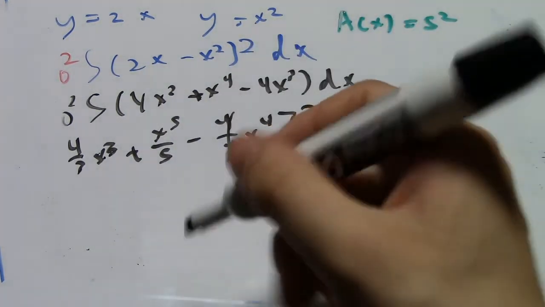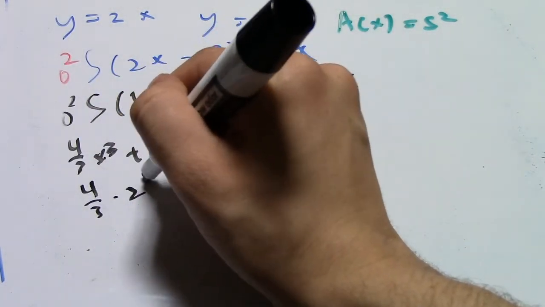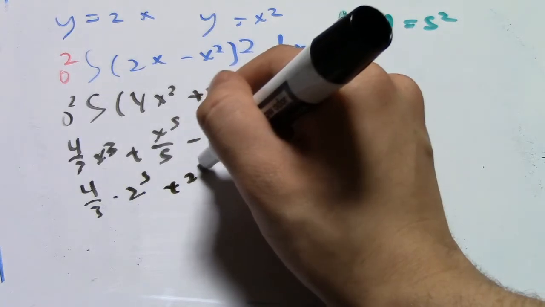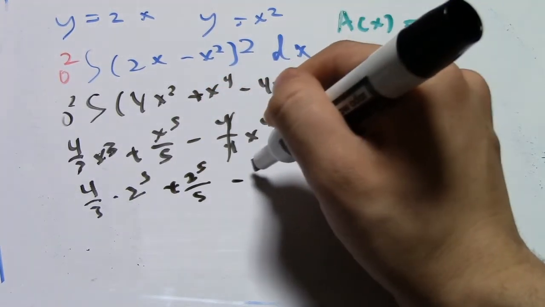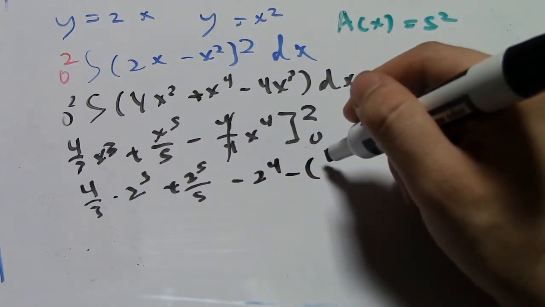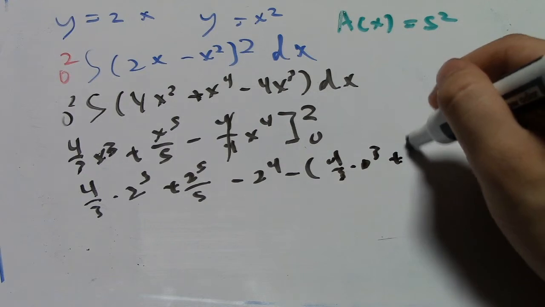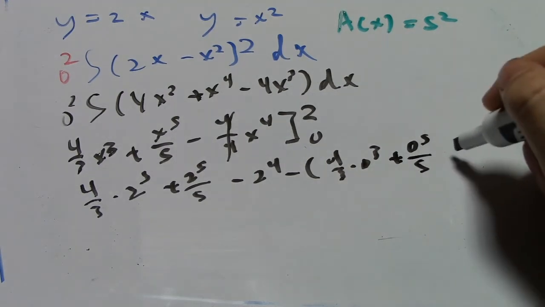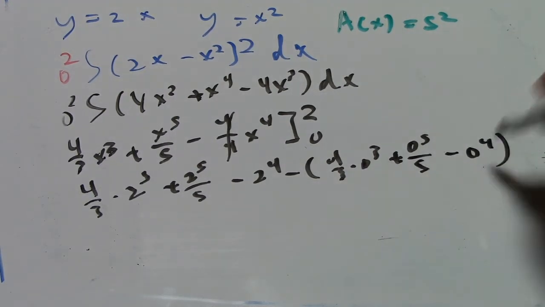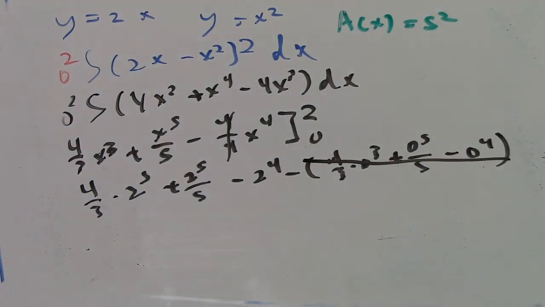Now, we'll plug in the 2 and the 0. So that gives us 4/3 times 2 cubed plus 2 to the 5th over 5 minus 2 to the 4th. And then that minus the quantity, 4/3 times 0 cubed plus 0 to the 5th over 5 minus 0 to the 4th. And this all here is, of course, 0, so I'm just going to go ahead and ignore that right away.